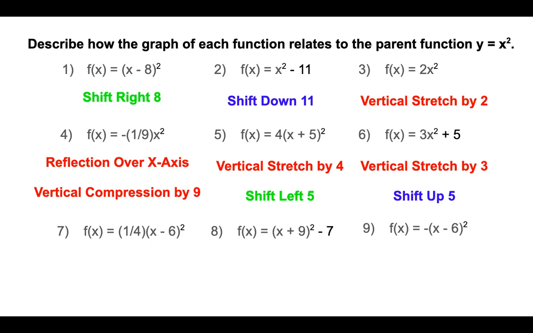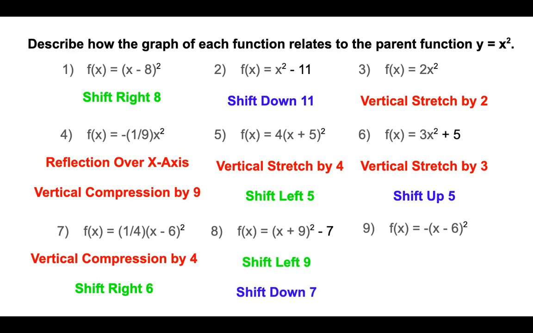We have 1/4 out front, which is smaller than 1, so that's going to be our vertical compression by 4, and then that x minus 6 on the inside looks like it's going left, but we know it's going right. Moving right 6. On number 8, we have x plus 9 inside. That plus 9 is going to make it move left 9, and that negative 7 outside is going to make it move down 7.